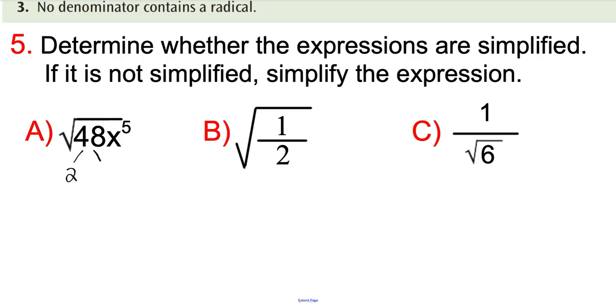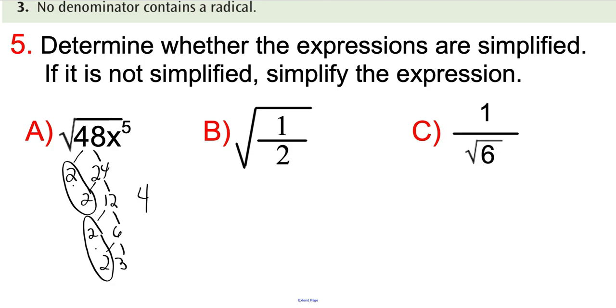So 2, 24, 2, 12, 2, 6, 2, 3. So we see perfect squares in there because I see 2 of a number there, 2 of a number there. Those are both perfect squares. So we're breaking both of those out. So we get a 2 from this one and a 2 from this one, which would give us a 4 in the front. Okay? And then we have that 3 back underneath there.